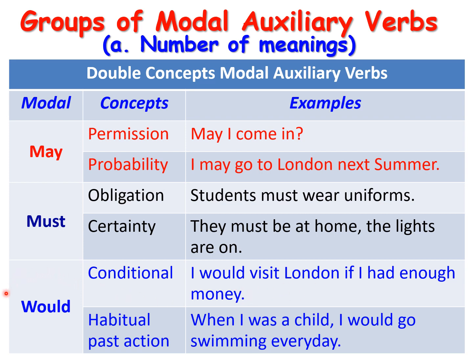The next one is would to talk about habitual past action. We talk about things that happened repeatedly in the past. For example, when I was a child, I would go swimming every day. You got it? But right now it is impossible.